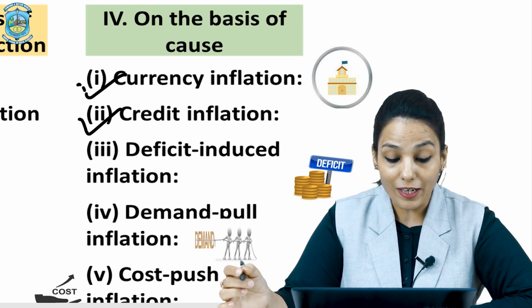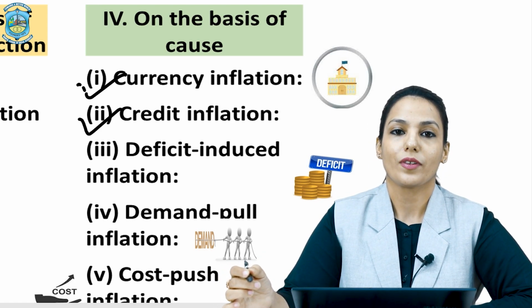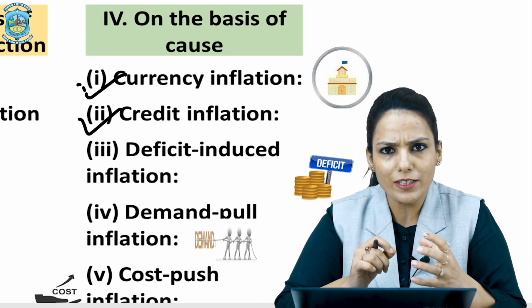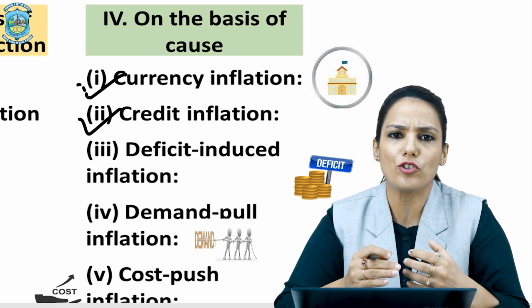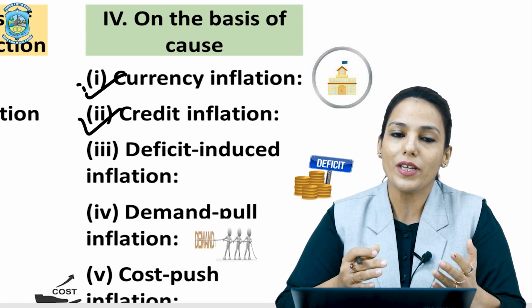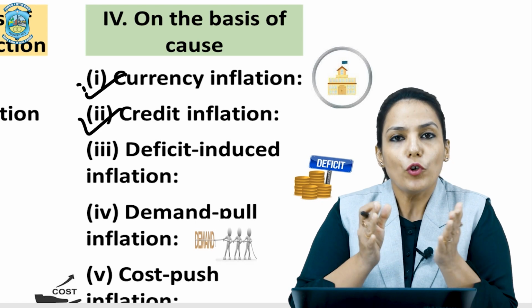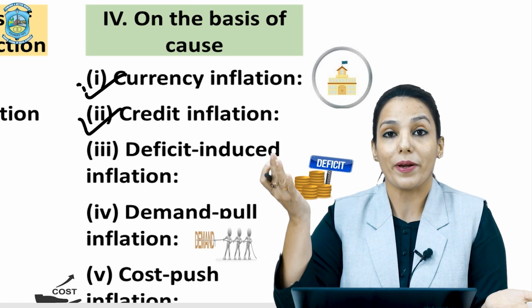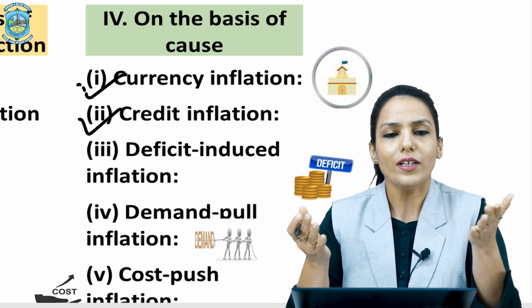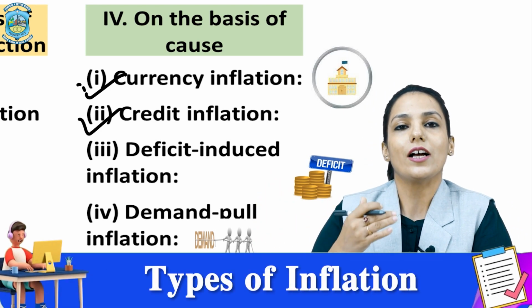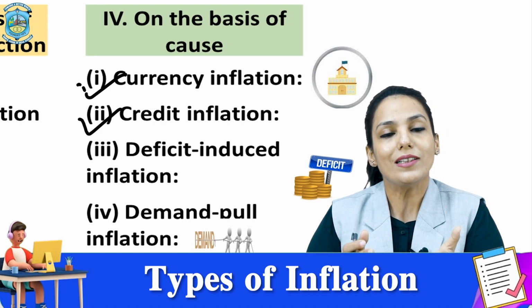Next is deficit induced inflation. Inflation caused by deficits: when the economy's expenditure surpasses its receipts, it is said to be in deficit. To fulfill this gap between expenditure and revenue, the government resorts to deficit financing, that is, it adopts methods to fill this gap.